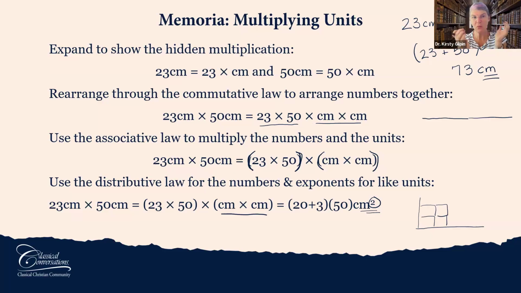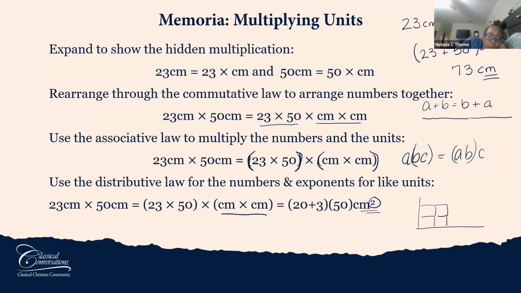It says that the way I group my multiplication doesn't matter. Is that the A times B equals B times A? No, that's commutative. It's the ABC equals AB times C. That's the associative law. This is the A plus B equals B plus A. Got it. Okay, thank you.